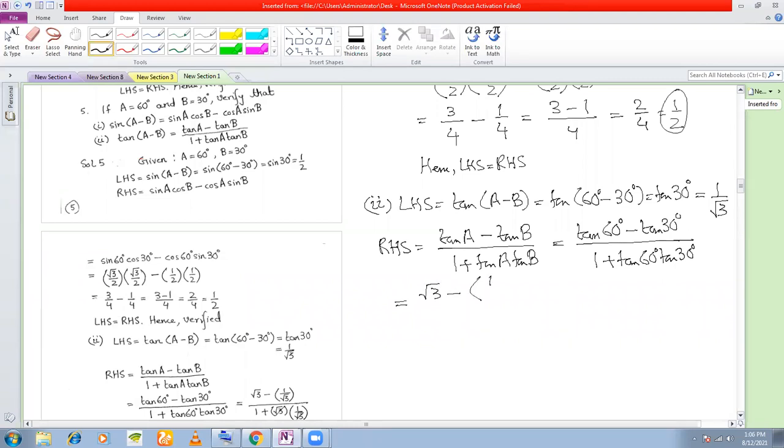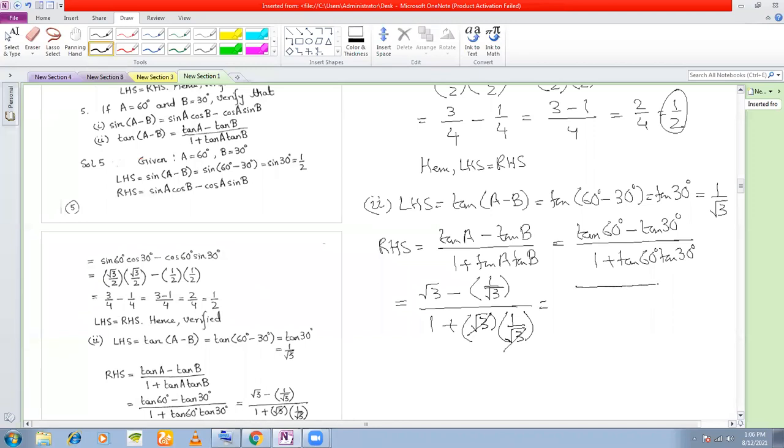Tan 30 is 1 by root 3. This is what you get in the numerator. In the denominator, 1 plus tan 60 is root 3, and tan 30 is 1 by root 3. So this root 3 and this root 3 will cancel.